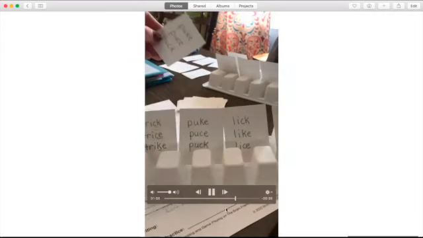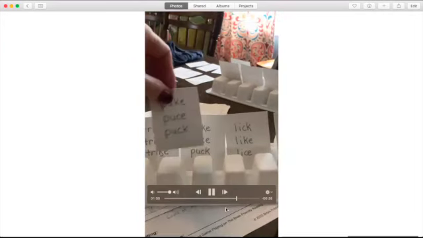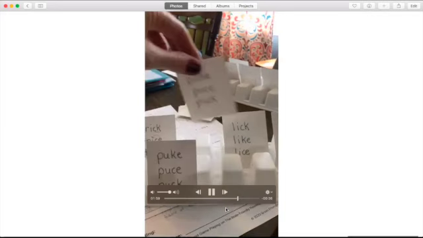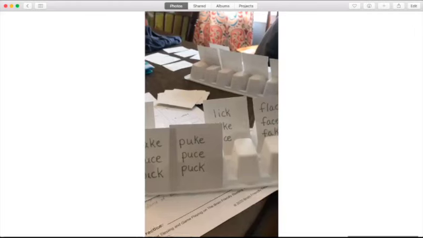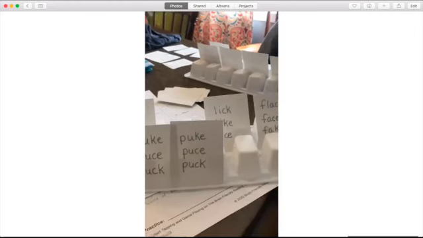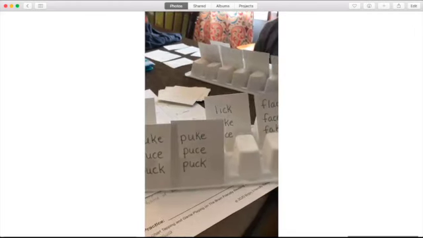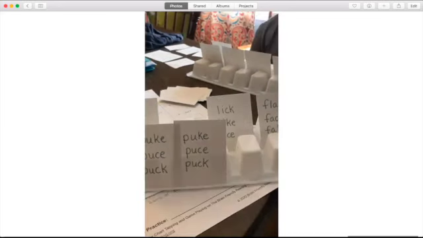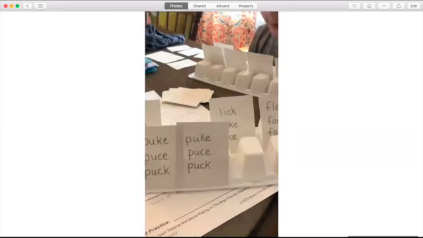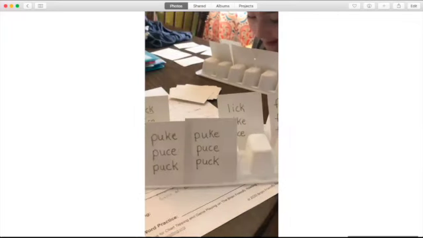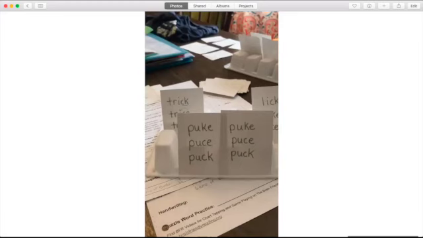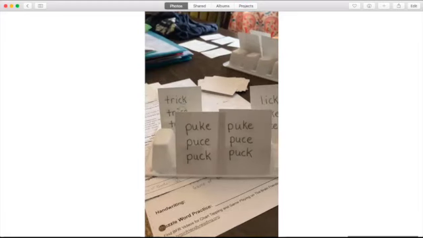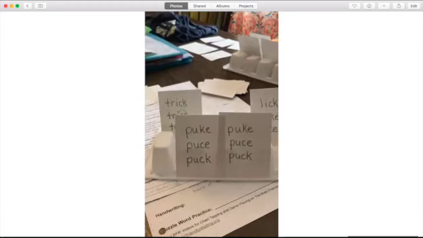Okay. I got a match though. That's good. All right. Your turn. Do you have pack, pass, pick? Good. Will you do the middle word again? What's that middle word again? Pace. Okay. No, I don't. Go fish.